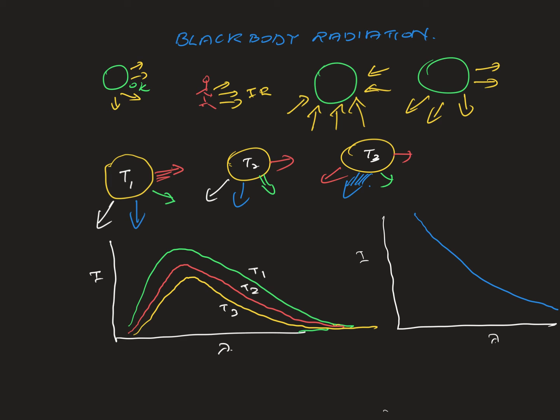So scientists were trying to build a theoretical model to explain this black body radiation. There are two prominent scientists who worked on this. One is Wien, and the other one, who actually explained the black body radiation curve, is Max Planck.